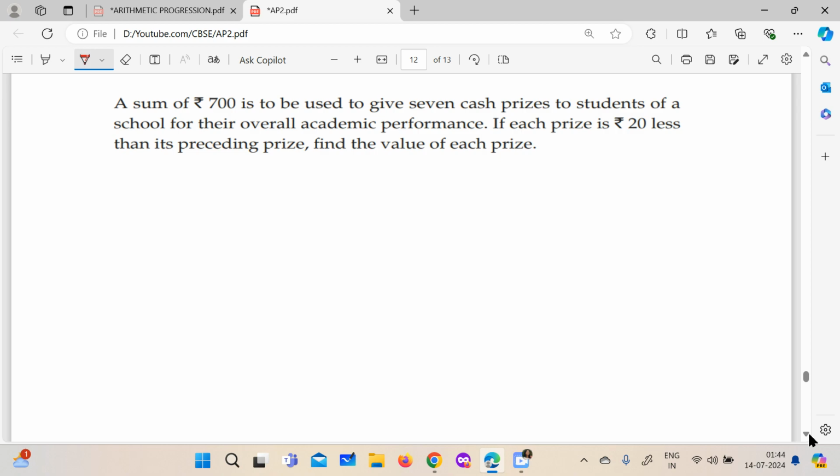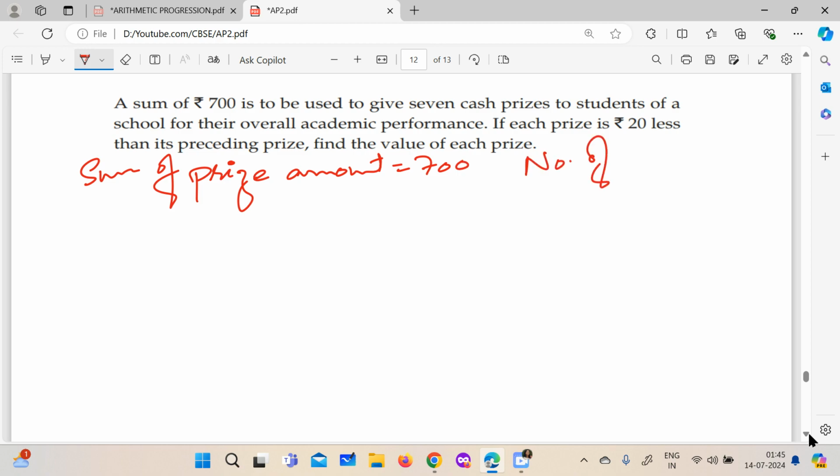Here it says that a sum of rupees 700 is to be used to give 7 cash prizes. So the total prize amount is 700, and the number of prizes is 7. Means n equals 7, and this means S7 equals 700.